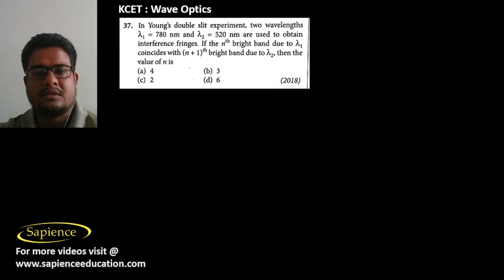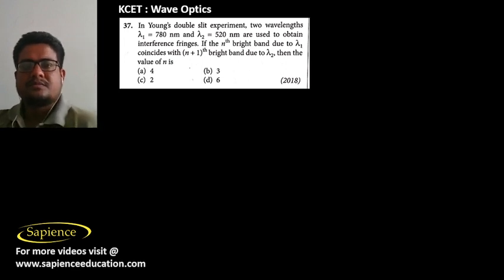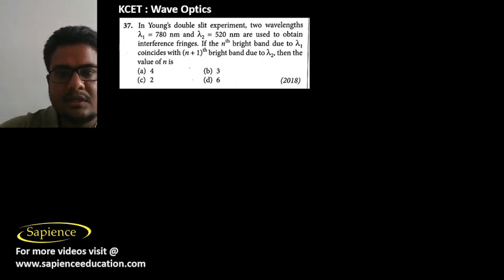Then, in Young's double slit experiment, two wavelengths lambda 1 and lambda 2 are used to obtain interference fringes. If the nth bright band due to lambda 1 coincides with the (n plus 1)th bright band due to lambda 2, the value of n is.